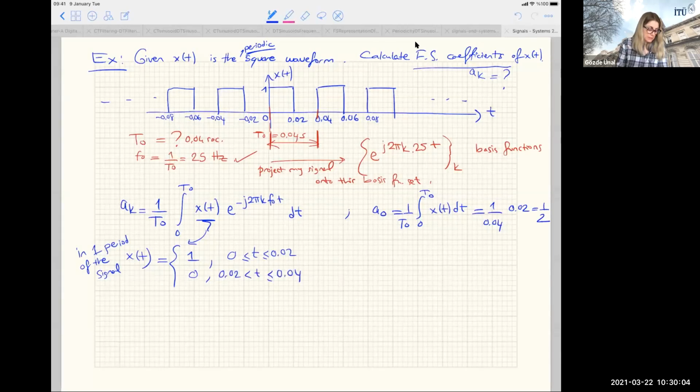So this is one way to express my signal mathematically by looking at the graph.